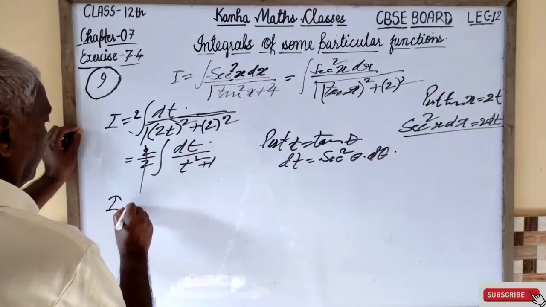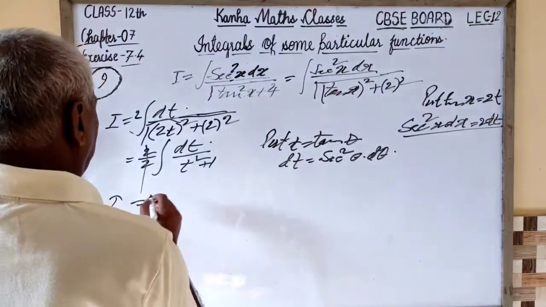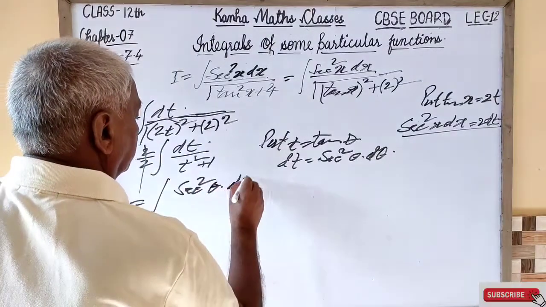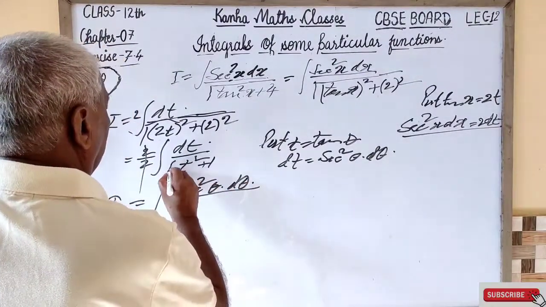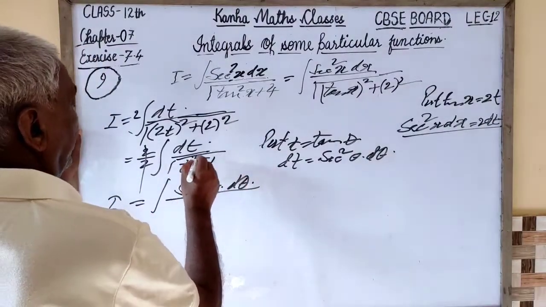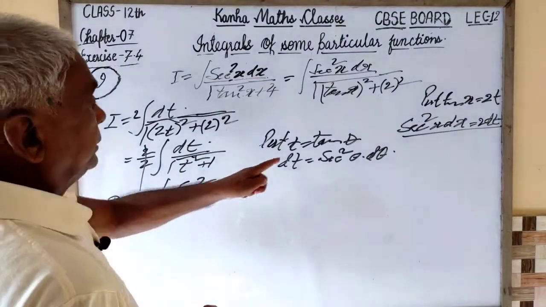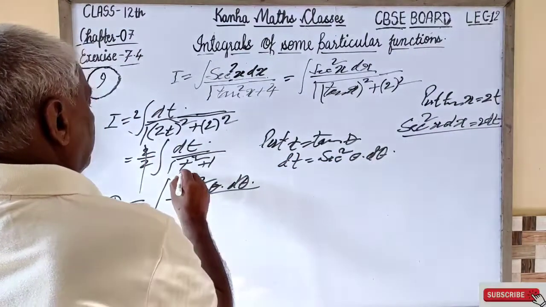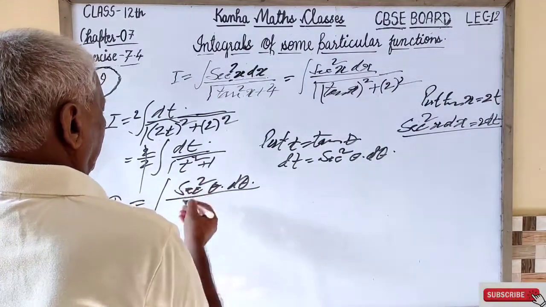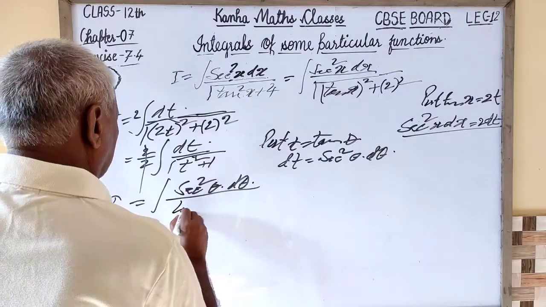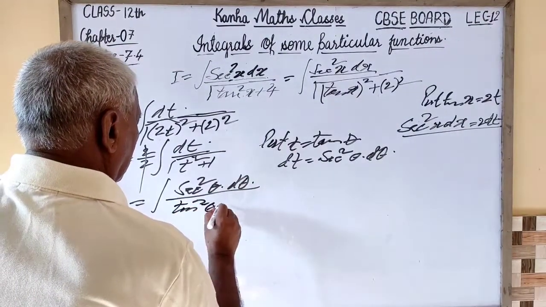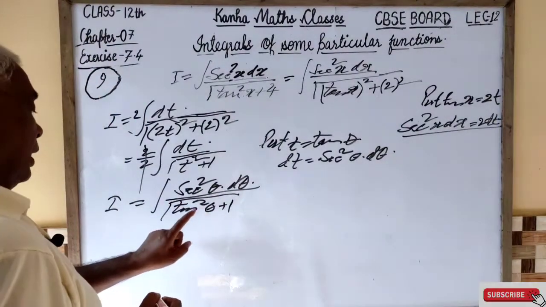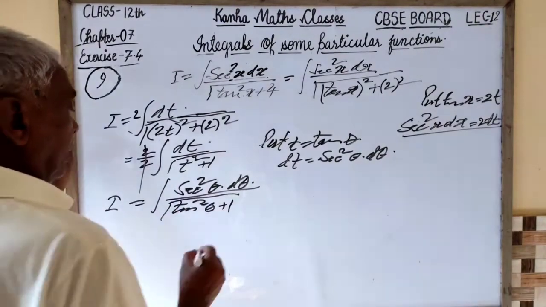Hence the integral will be sec square theta d theta upon under root 1 plus t square, and t is substituted by tan theta, so this will be 1 plus tan square theta. We may write one step more: tan square theta plus 1 will be equal to sec square theta, and under root it will become only sec theta.